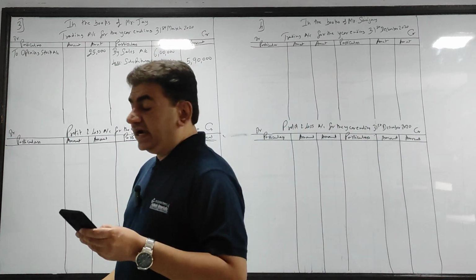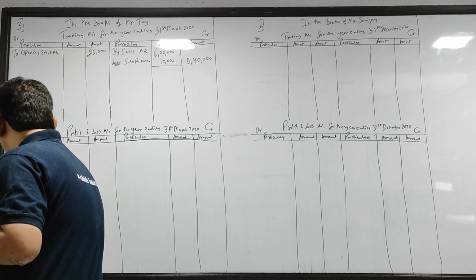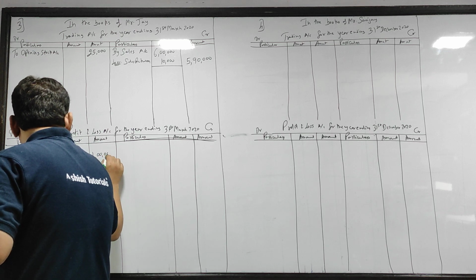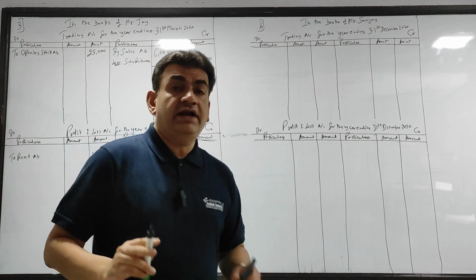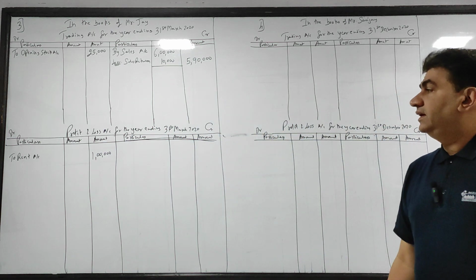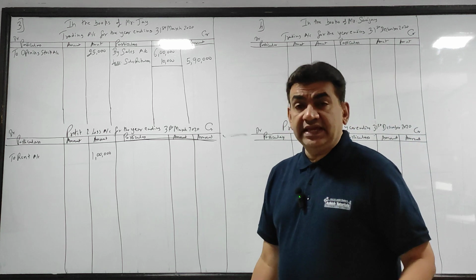So this is rent 1 lakh. Come to the debit side, leave one line, to rent account 1 lakh. Always I have to write properly, to rent account. Getting it? Indirect expense we will debit to P&L. Okay.